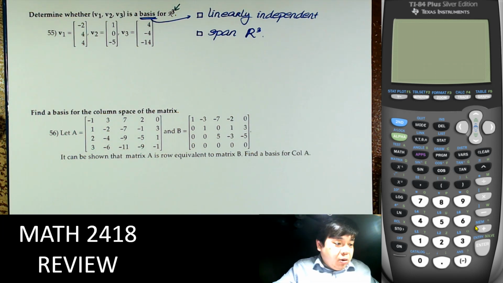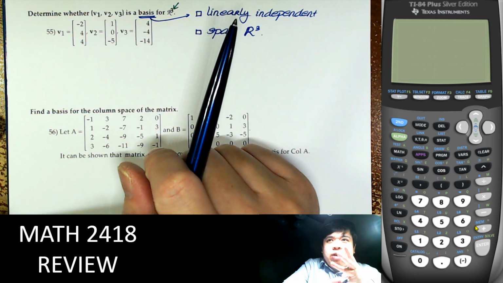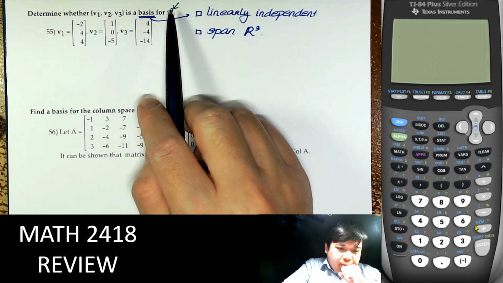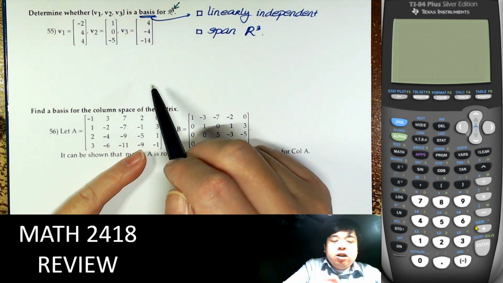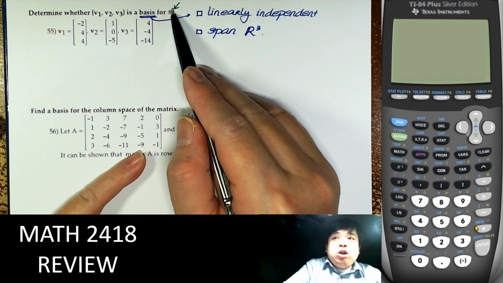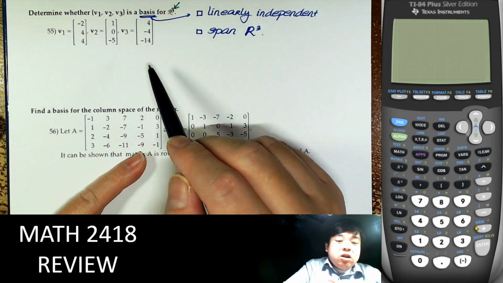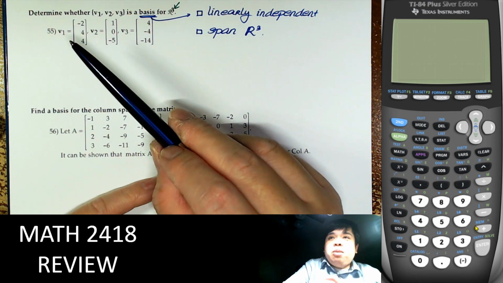However, in this particular case, we have 3 vectors. So if we have 3 vectors, we have R3. So if we have 3 vectors, we only need to check one of the 2 boxes. We have 3 vectors here corresponding to this 3. So we only need to check one of these 2 boxes. And linear independence is the easiest one to check. We just use the determinant, right?